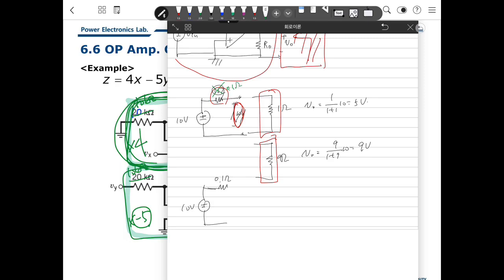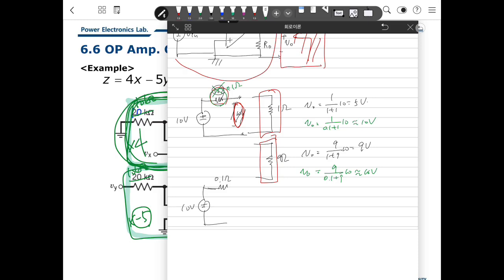Then when you connect this 1 ohm, V out is 10 times 1 over 0.1 plus 1, maybe about 10 volts. In this case with 9 ohms, V out is 10 times 9 over 0.1 plus 9, similar to 10 volts. This means this series impedance is small, so the effect between the two circuits, I mean the loading effect, is very small.